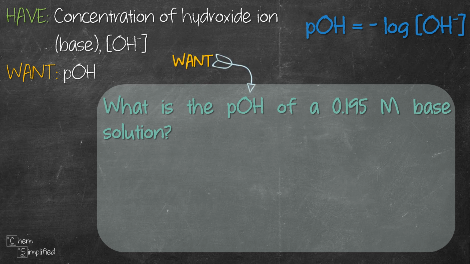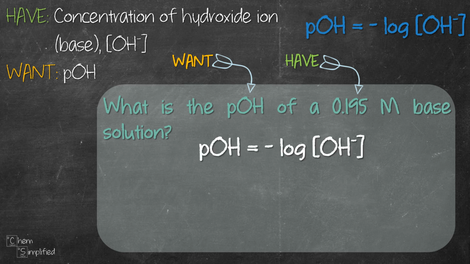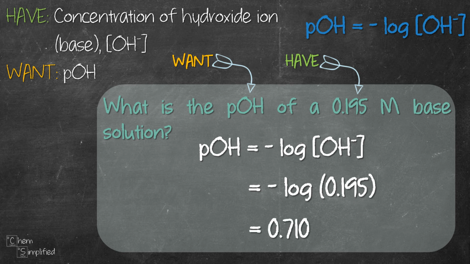The question wants us to find the pOH, and it gives us 0.195 as the concentration of base, which means that's the concentration of the OH-. So we write out the equation, we plug in 0.195 for concentration of OH-, and we get the answer 0.710. Notice that there's no unit for pOH, so we just write out the number as is.